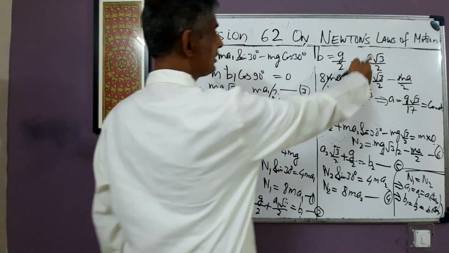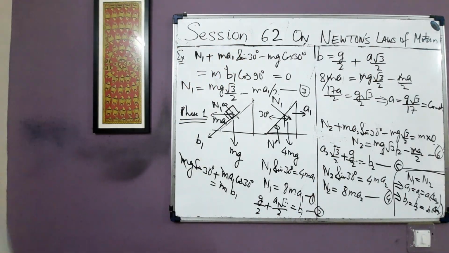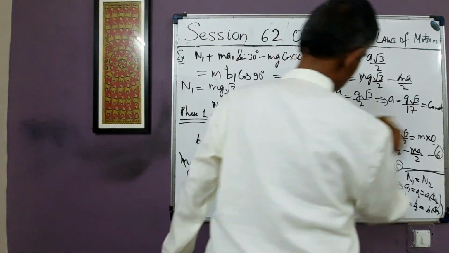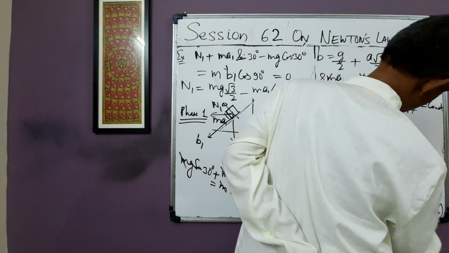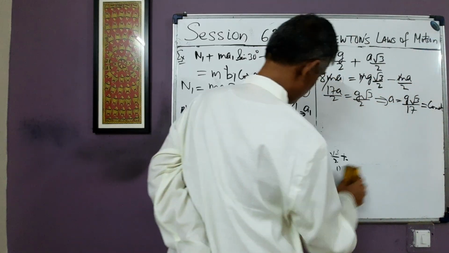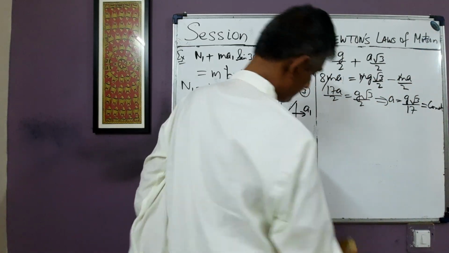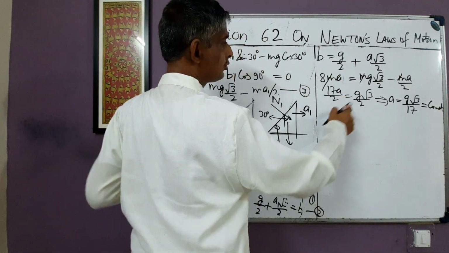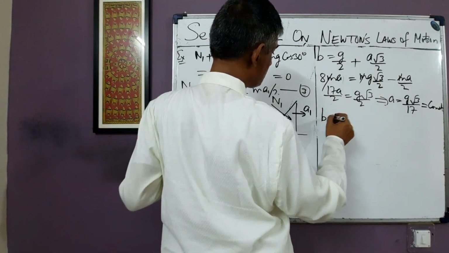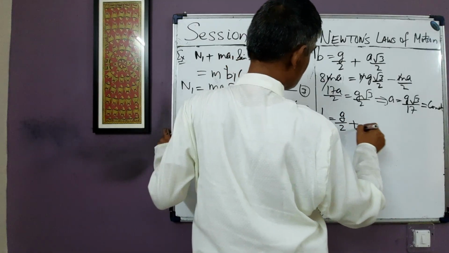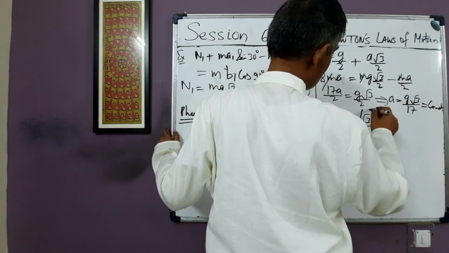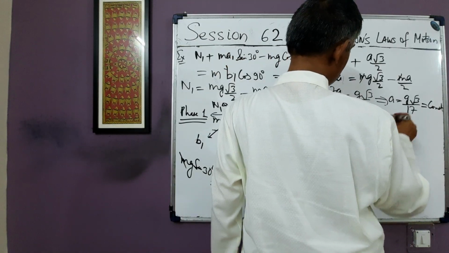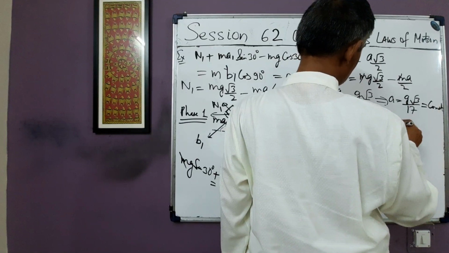Now I'll substitute this value of A in this equation. So B becomes what? A becomes g root 3 by 17.